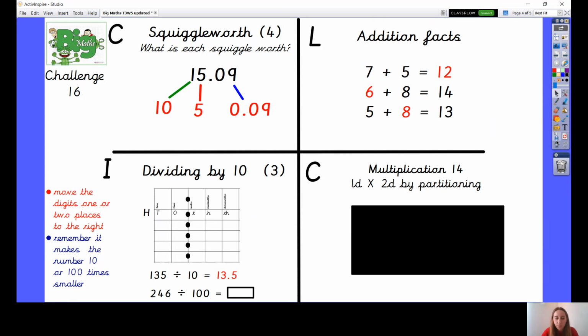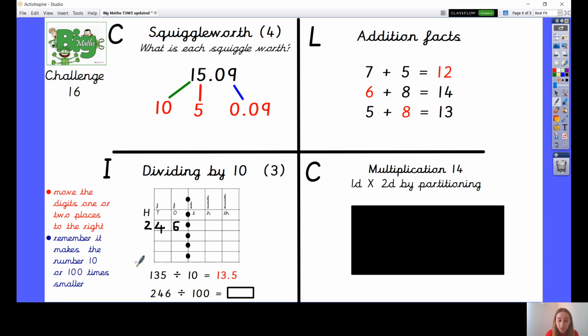Okay, my next calculation is 246 divided by 100. So this is my imaginary hundreds column, then my tens column and my ones column. Think about how many spaces I'm going to move my digits this time and what direction they're moving in.